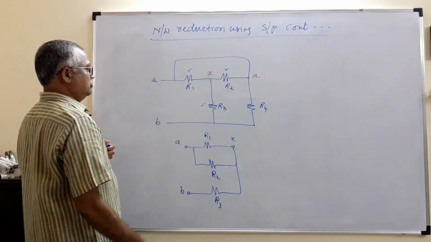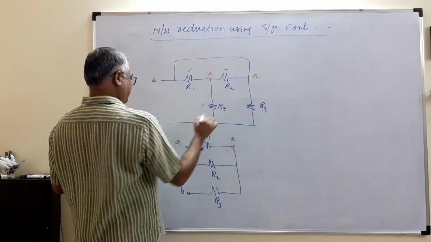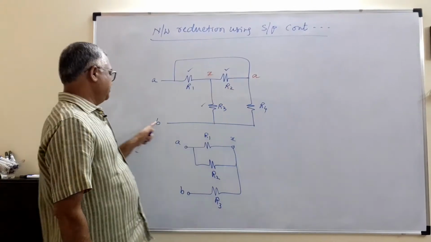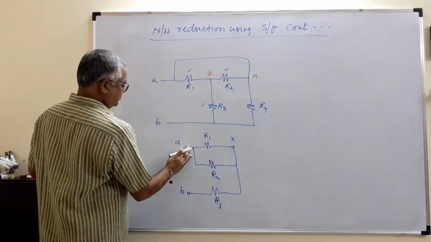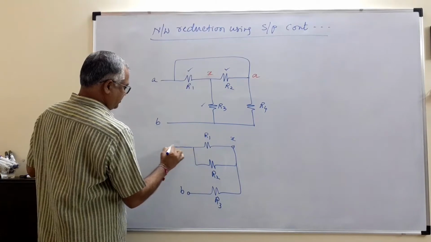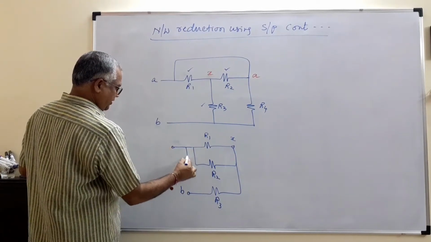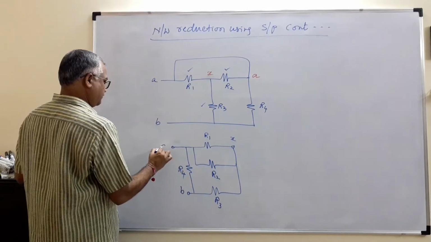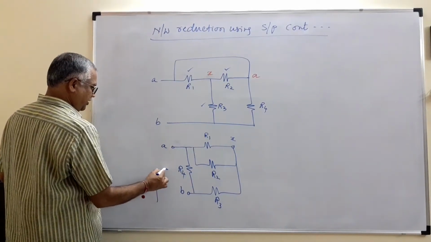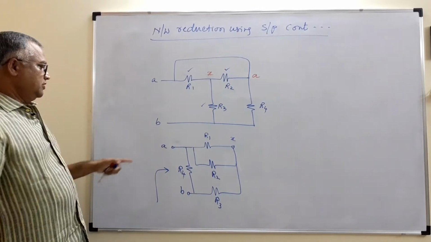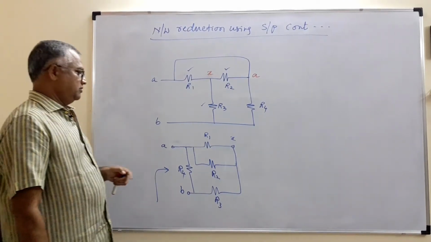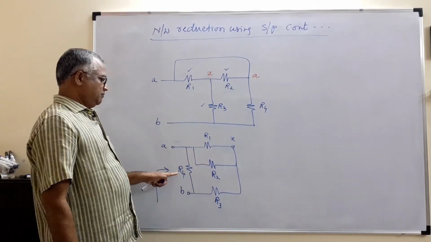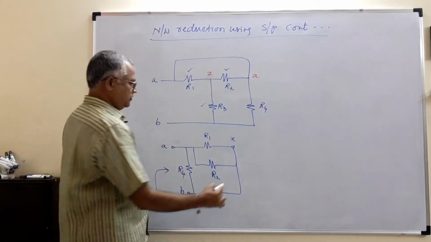What about R4? R4 is across A and B. So this A point you can take a little bit. Now between A and B, this is R4. So we want RAB. Now you can easily decide series parallel. Obviously these two are parallel, and in series with R3, then parallel with R4.